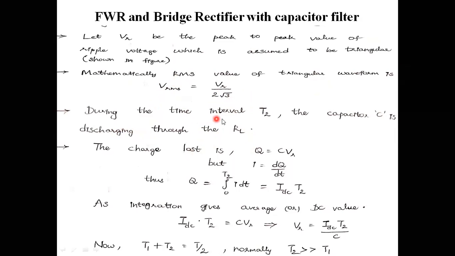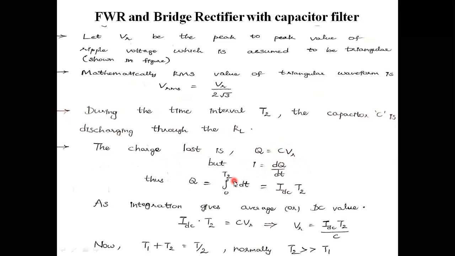During the time interval T2, capacitor C is discharging through the load resistance RL. I am considering the discharging time of the capacitor C. The charge lost is Q equal to CVR, where C is the capacitor and VR is the ripple voltage.